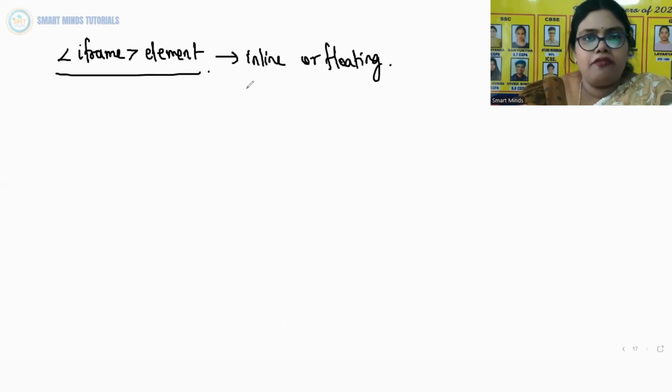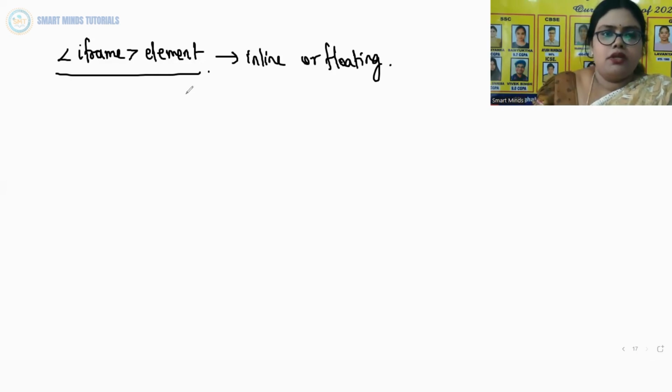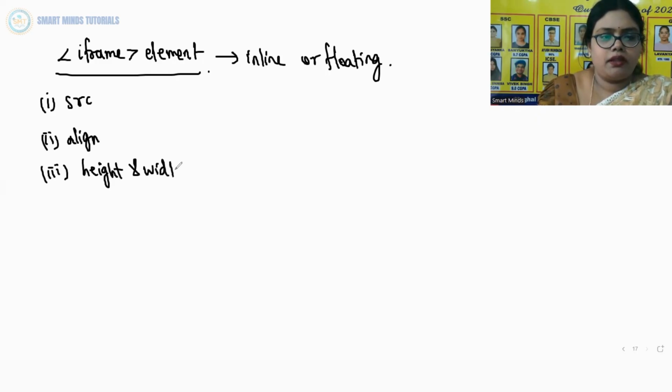An inline frame embeds one HTML document into another HTML document. So what attributes are used here? Number one is the src attribute. Number two is the align attribute. Number three is the height and width attributes. Then number four is the frameborder attribute.